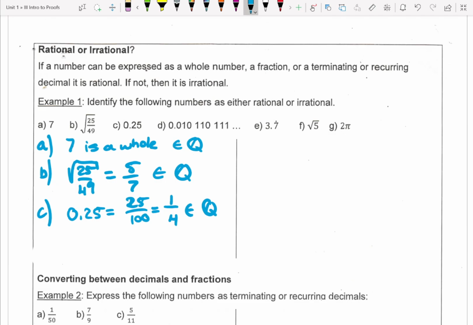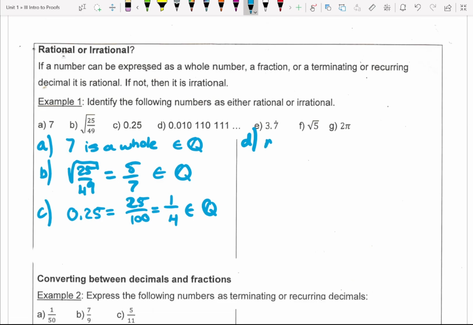For part D, this is where it gets a little bit tricky. So this is a series of decimal points where the decimal place is changing each time. So it starts with 0.1, then it goes to 0.11, then it goes to 0.111, and then it would go to 0.1111. Now, this is not terminating, and this is not repeating, because it never repeats itself. It starts increasing the distance between zeros.